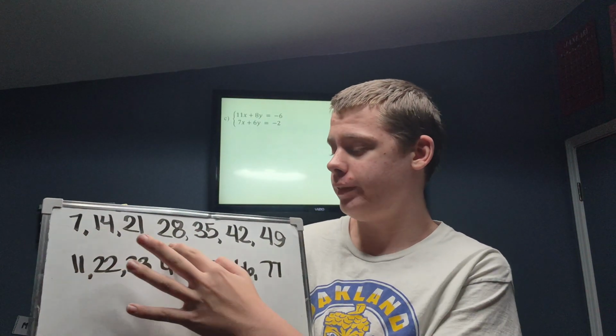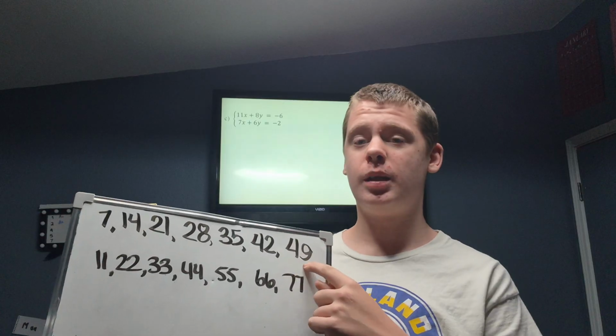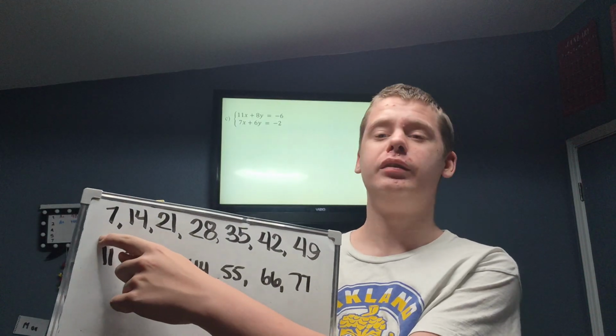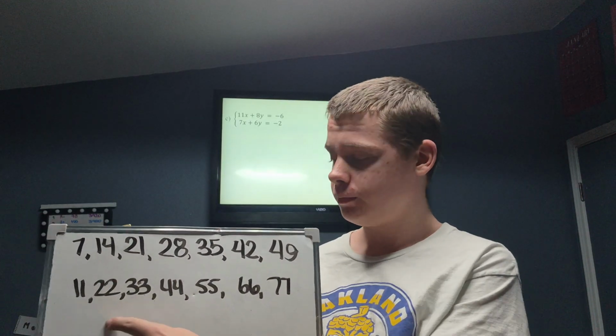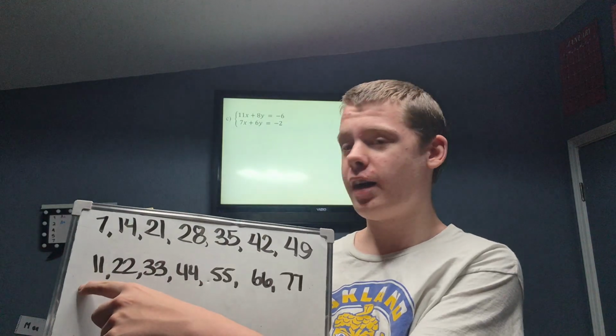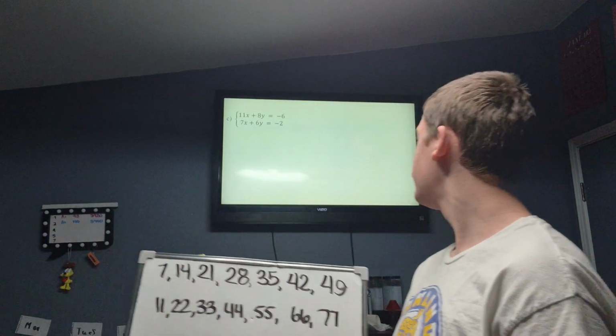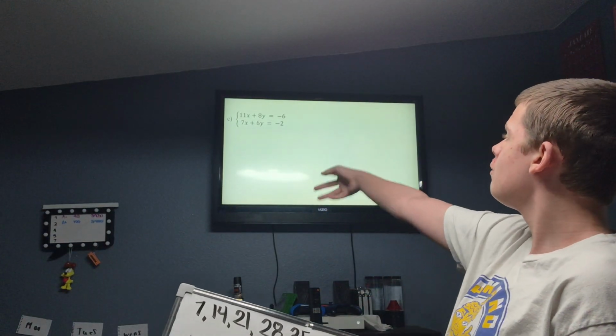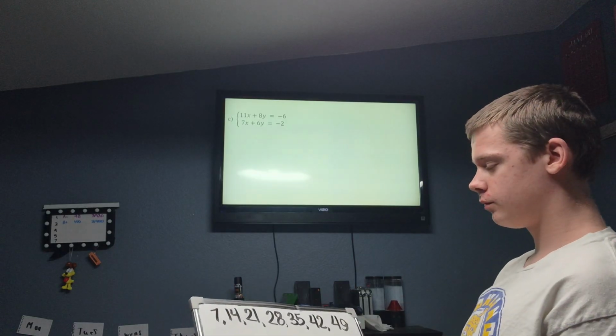So the top numbers are the multiples of 7, and the bottom are the multiples of 11. So 7 and 11 aren't multiples of each other.